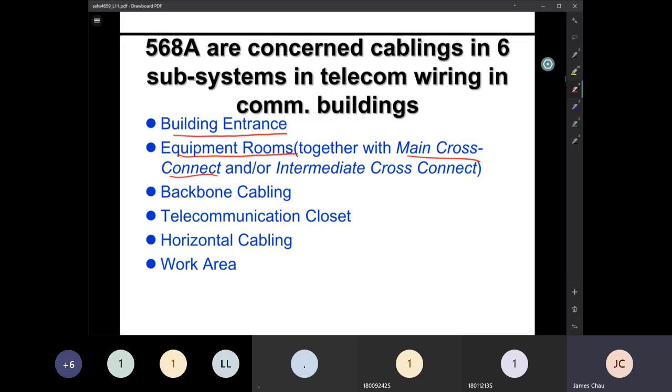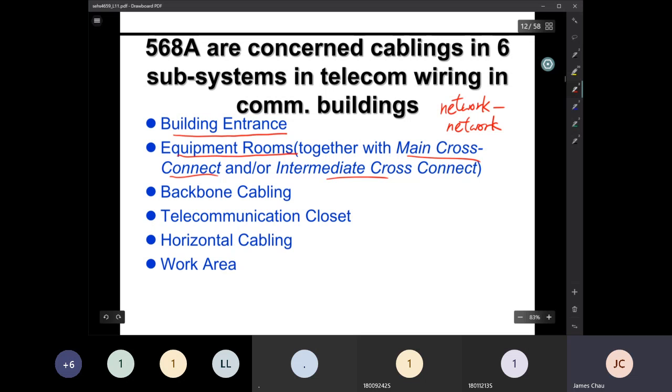Cross connect means we have the network to network interface, so that we connect two different types of network to make them connected. Okay, we call it the cross connect. We have the main cross connect or intermediate cross connect.